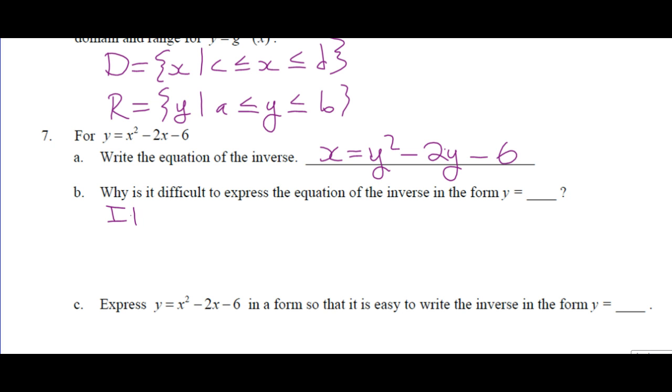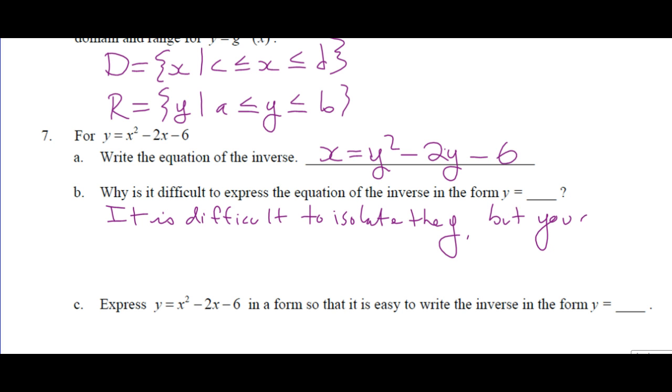So it is difficult, but not impossible, right? It's difficult to isolate the y, but you could if you completed the square.